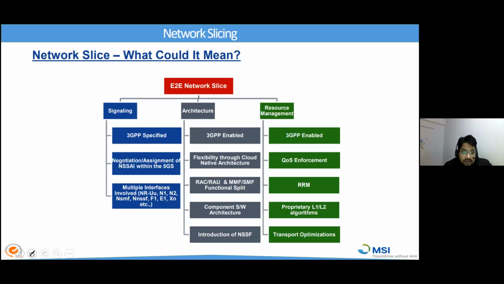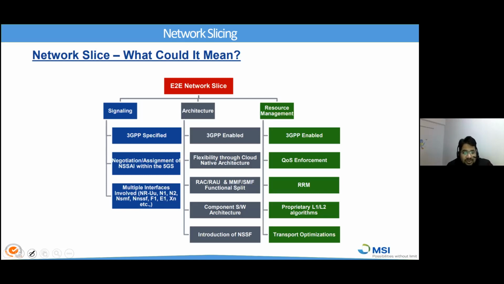And the negotiation and assignment of NSSAI. NSSAI basically is the network slice selection assistance information. So basically it is a unique ID, which we'll discuss later in the slides.